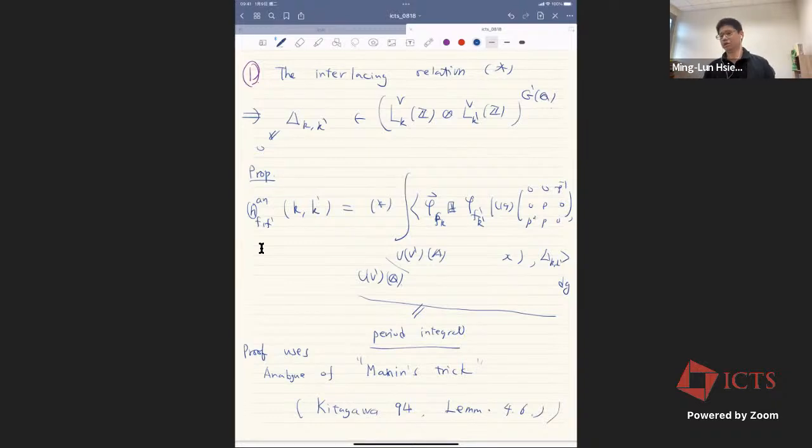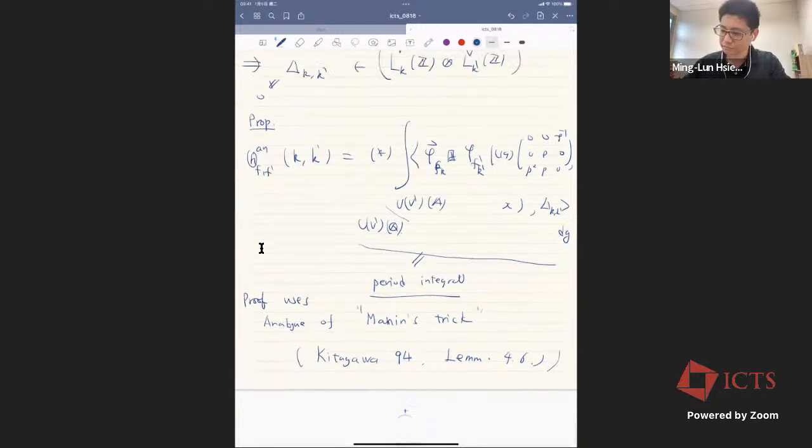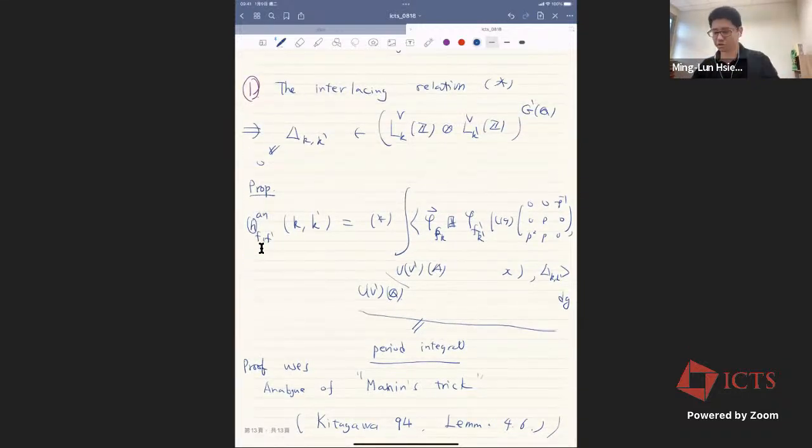So basically, in Kitagawa's case, it's a two-variable p-adic function associated with modular forms. And he needs to know modular symbols for the congruences between different critical values. So here we roughly have to do the same thing. So actually, we prove this by congruences on both sides, modulo an arbitrarily high power of p. Okay, so this is Ming-Lun Hsieh's method, which allows us to relate this theta element to a period integral.